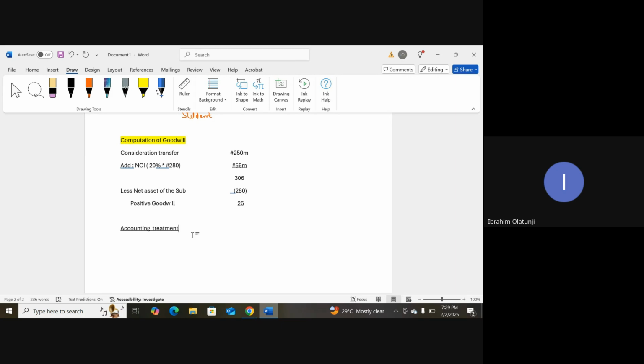This goodwill of 26, we are taking it to what? Statement of financial position.